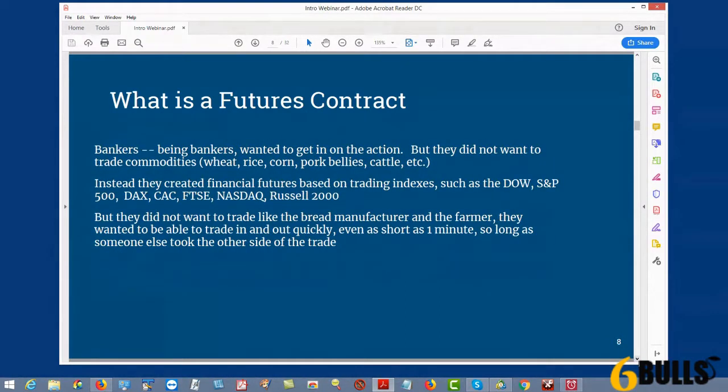But bankers came along, and bankers being bankers, they wanted to get into this trading activity as well. But they didn't want to trade commodities per se. They didn't want to trade wheat, rice, and corn. They said, look, we've got something else we can trade that goes up and down. We want to trade financial instruments, such as the Dow or the S&P 500 or the DAX or the FTSE or the CAC. But we don't want to wait till sometime in the future when it's harvest.